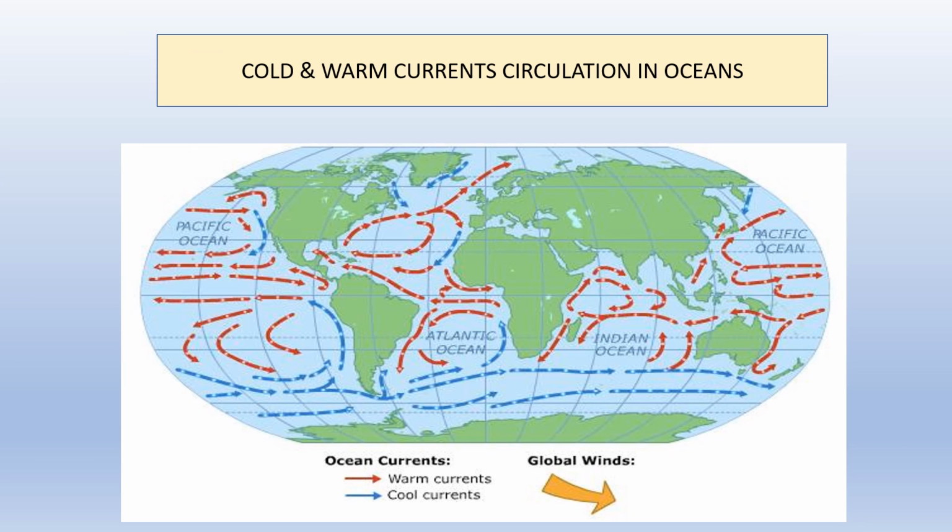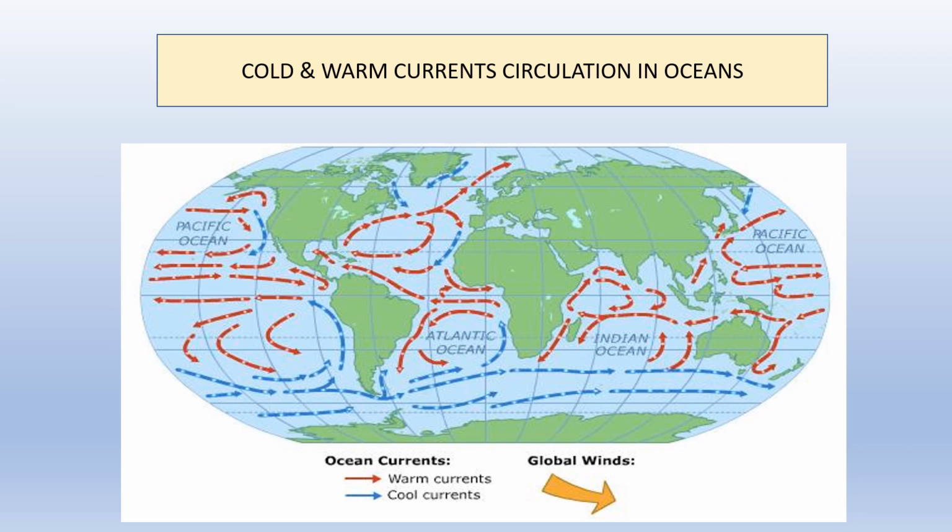A quick review of what I talked to you about just now. The place I have shown you on the map has different types of currents. The continents are separated by the water bodies, and the blue dotted lines or arrows show the cold currents, whereas the currents which originate from the equator and move north and south are the warm ocean currents.